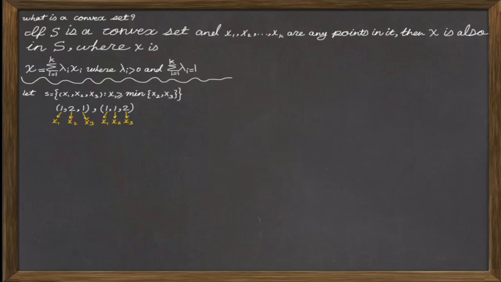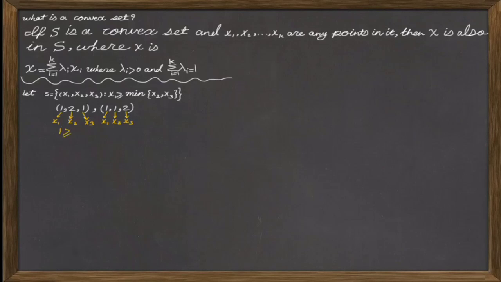In the first point, we have x1 equal to 1, x2 equal to 2, x3 equal to 1. And in the second point, we have x1 equal to 1, x2 equal to 1, and x3 equal to 2. Now, we can check the condition that is defined for this space, which is x1 greater than or equal to the minimum of x2 and x3.